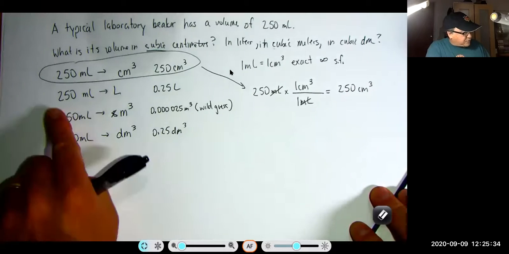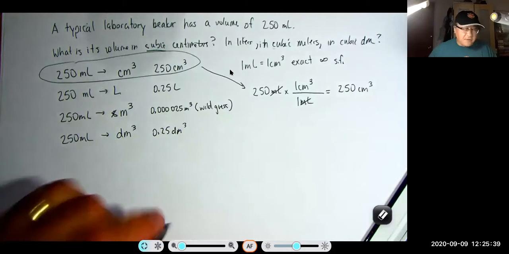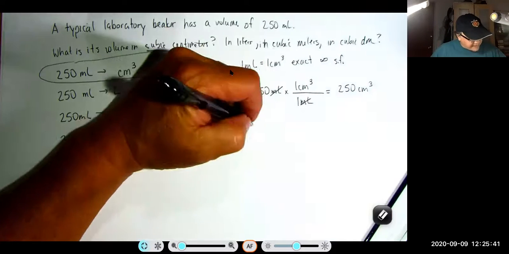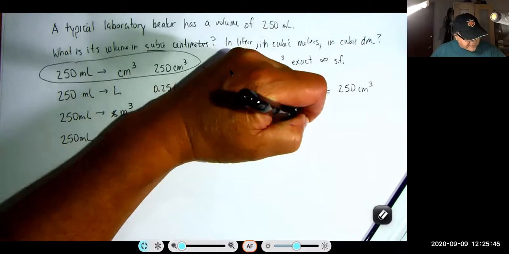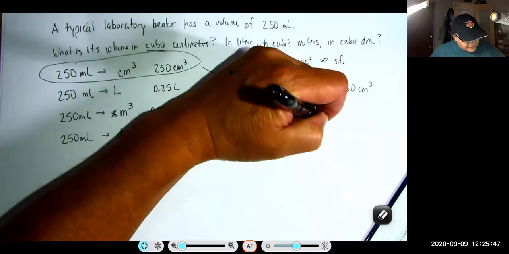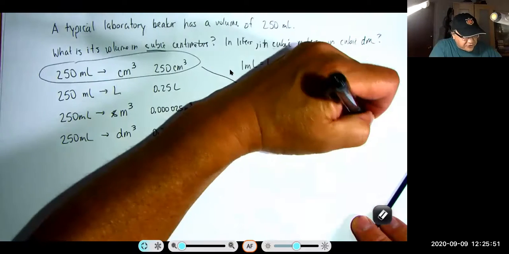Now, how do we do the 250 milliliters to liters? There are 2 ways to do it that are both correct. One way is to take 250 milliliters and say that that's equal to 250 times 10 to the minus 3 liters. This method is called substitution.